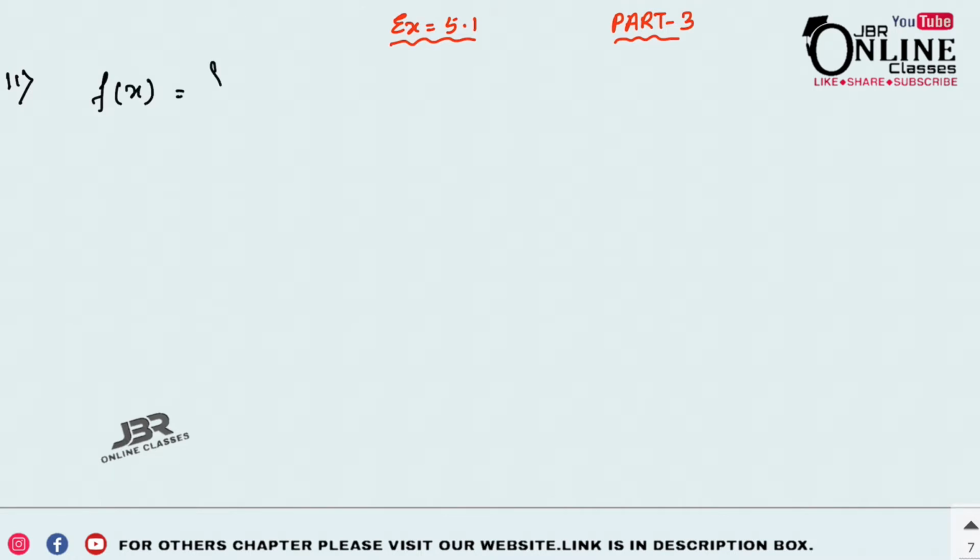So here, if f(x) is the function tan 3x by kx when x is not equal to 0, and 1 when x equals 0, find k so that the function f may be continuous at x equal to 0. So here sum number 11 is the same as sum number 10, the previous one. So very easy.